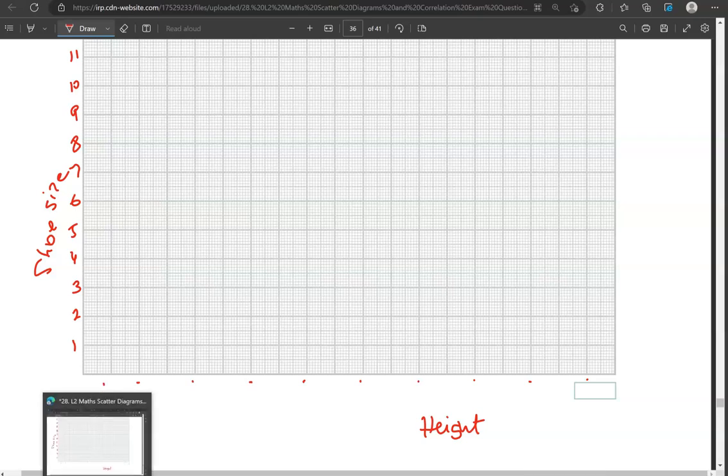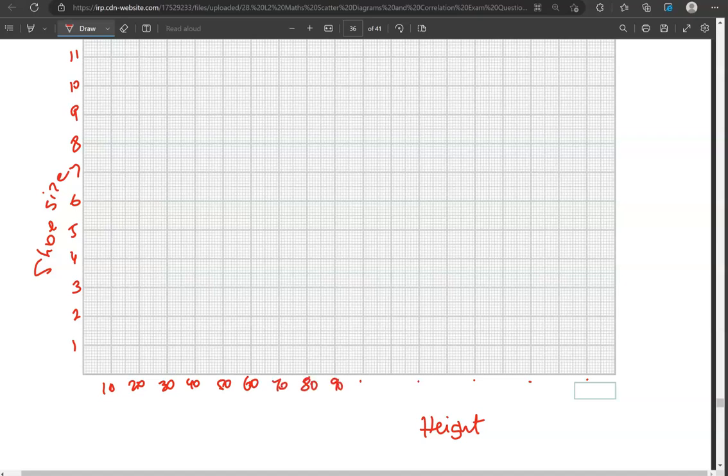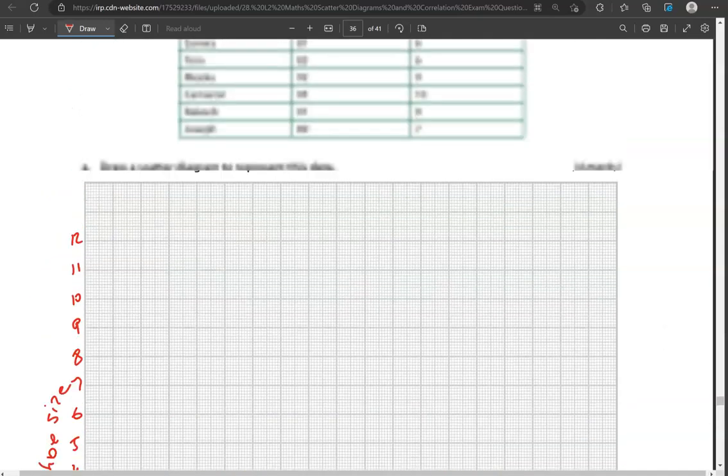So we'll do 10 here, 20, 30, 40, 50, 60, 70, 80, 90, 100, 110, 120, 130, 140, 150, 160, 170, 180, 190. That is centimeters.